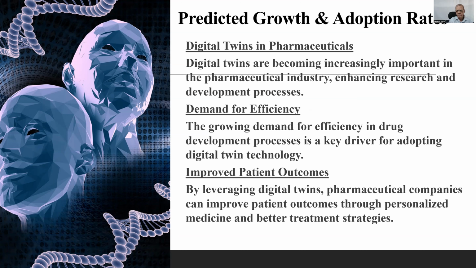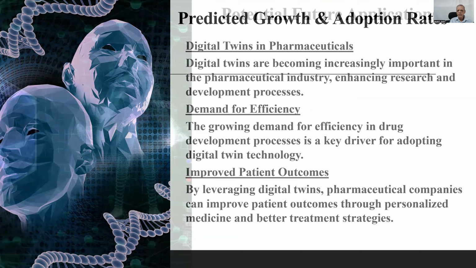The drug development process is also very important, and that is a key driver for adopting digital twins, which can help you a lot and improve patient outcomes. Finally, the whole objective for every pharma company is to achieve better satisfaction and better patient centricity. So this will help in more personalized medicine and better treatment strategies.